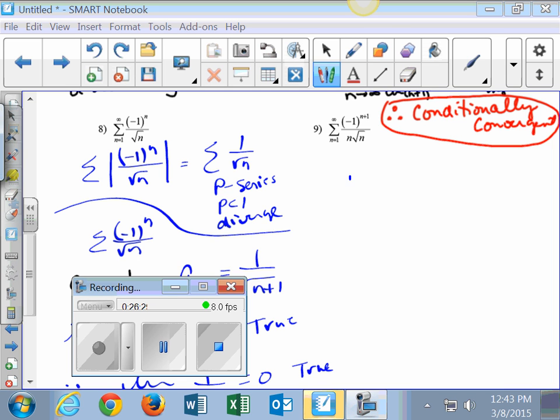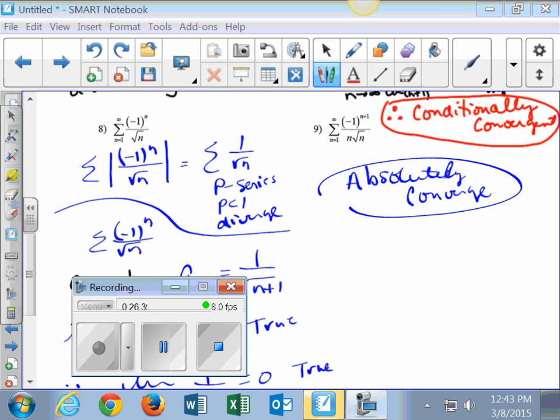I'll just give you this answer so you can check it later. This is going to absolutely converge. Okay, that's the final answer for number 9. Absolutely convergent. So use that to study for later, or if you want to check with me when I get back, if you did not get that answer.